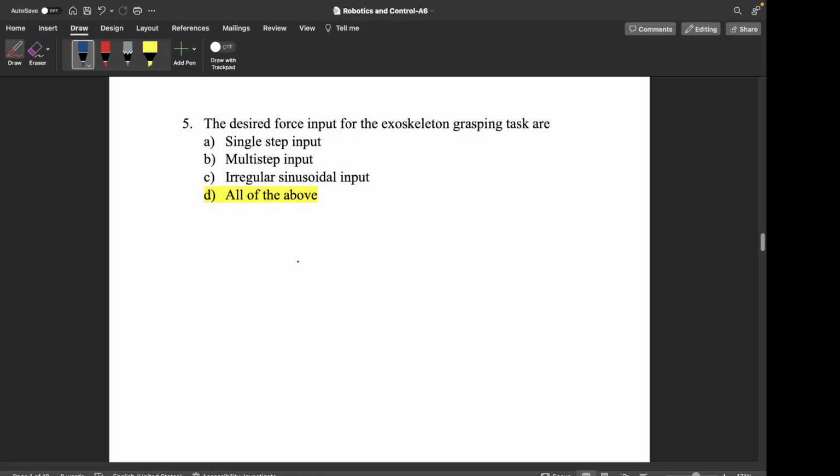Okay, so in the lecture, it was described that the exoskeleton was then used for a grasping task. Grasping means holding an object and applying a certain force onto it, right?